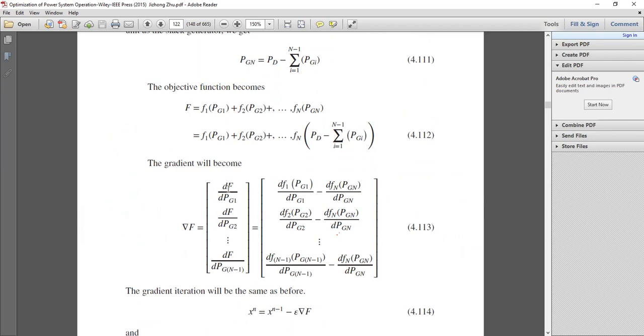Similar gradient calculation is there. So dF over dPG1, dF over dPG2 up to dF over dPG(n-1). And when you calculate dF by dPG1, you see there is PG1 in the first entry of the series, and also there is some PG1 here.